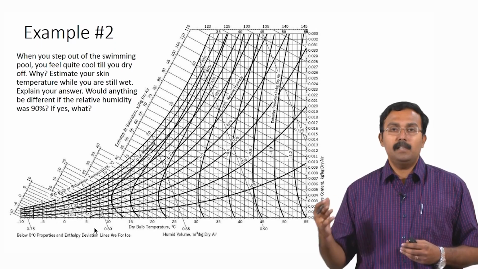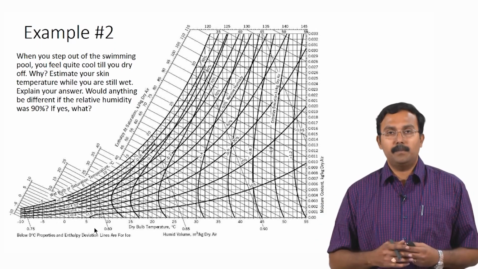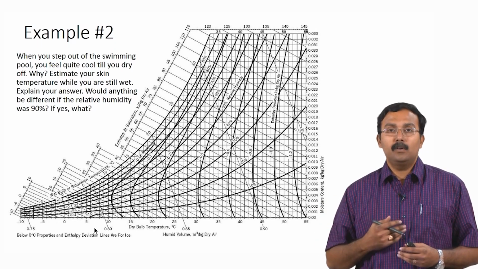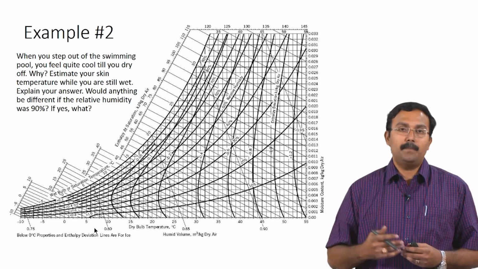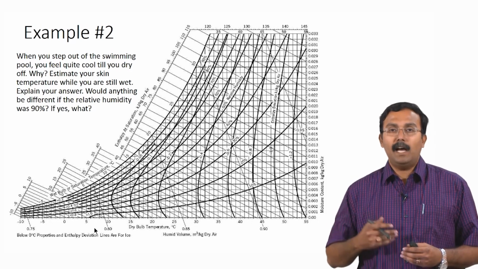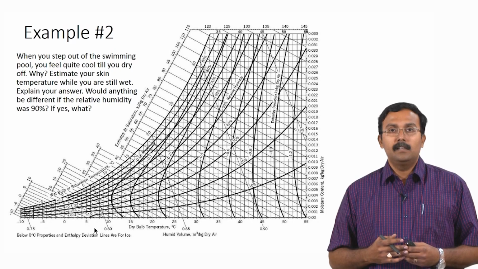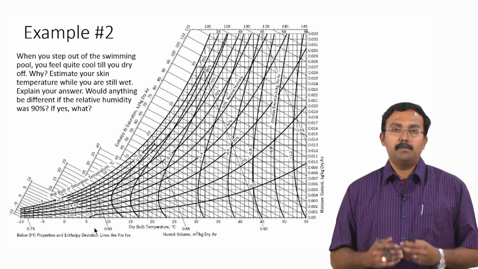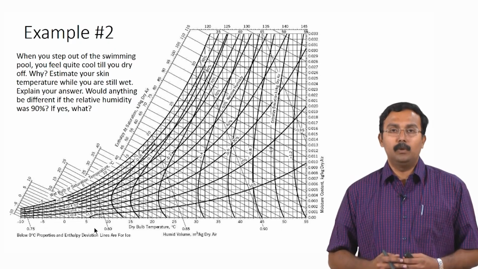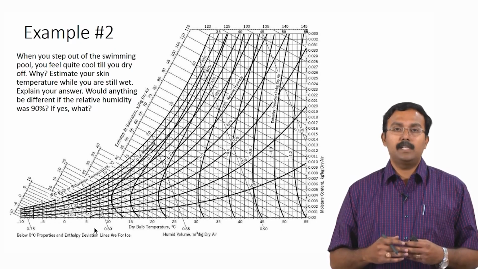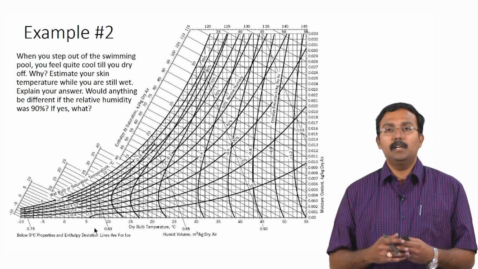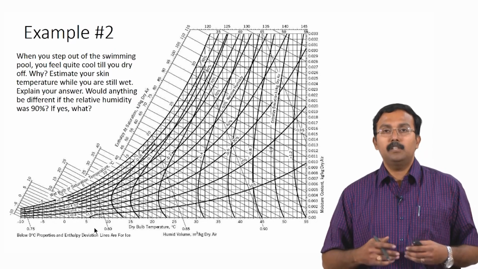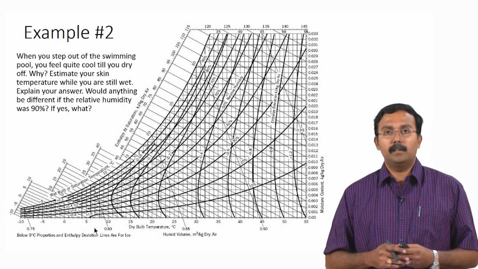The relative humidity in the air is actually only 40%. So, this means you are going to have water rapidly evaporating from your skin. As water keeps evaporating, the temperature of your skin keeps coming down, and you are going to feel colder and colder. That is why the longer you stand in this air, the colder you would feel, because there is more and more water being evaporated.